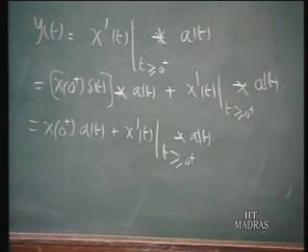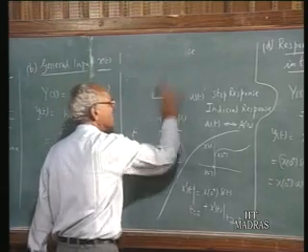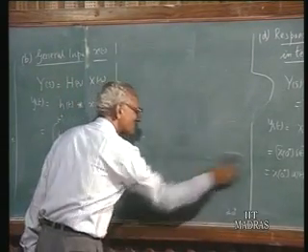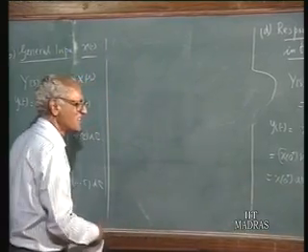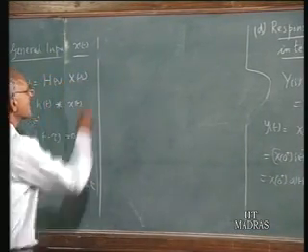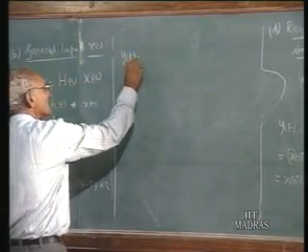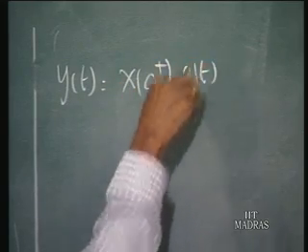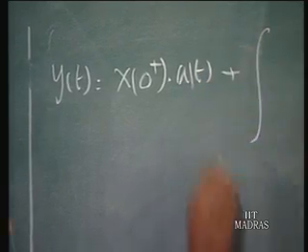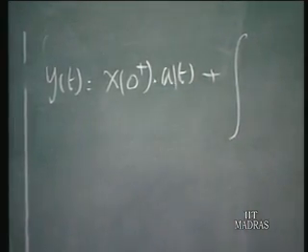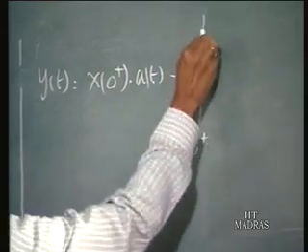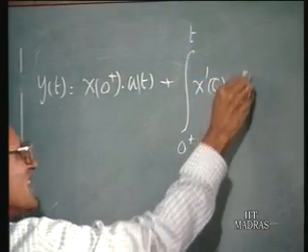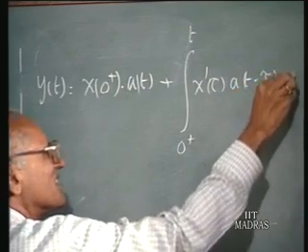Now let me put this down in the form of integrals more explicitly. So y(t) is x(0 plus) times a(t) plus, in the form of an integral from 0 plus to t, x prime(tau) a(t minus tau) d tau.